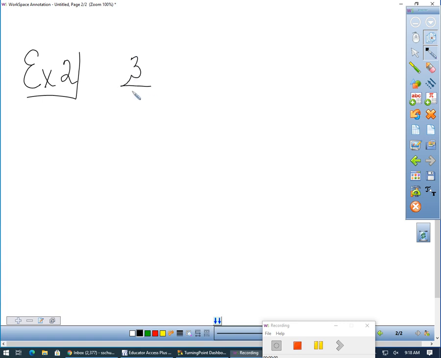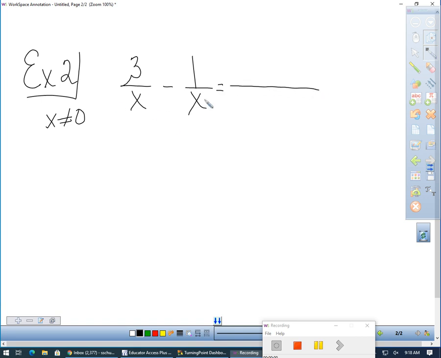Let's go with 3 over x minus 1 over x. Alright, so everything is factored, if you think about our steps. Step 2, state your restrictions. Well, x in this case cannot equal 0. Alright, common denominator. So I put my equals and draw a line across. Common denominator here is x.